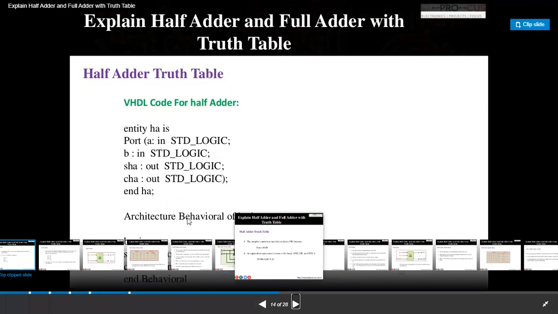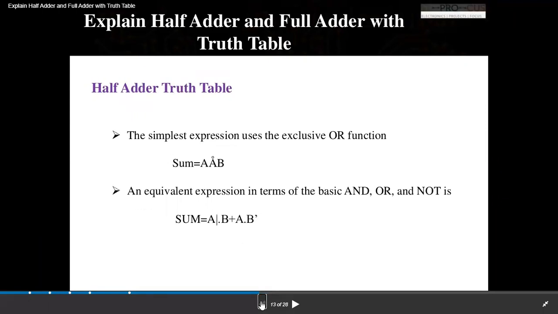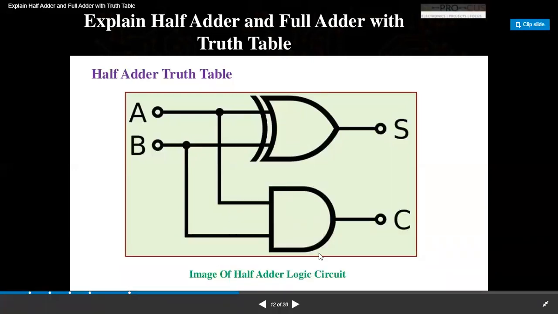Then to define the carry we use the AND gate. How can we define the AND gate? The AND gate is nothing but the product of the 2 input bits, A and B. In mathematical notation it is A dot B, which is the AND operation: A dot B is equal to C.